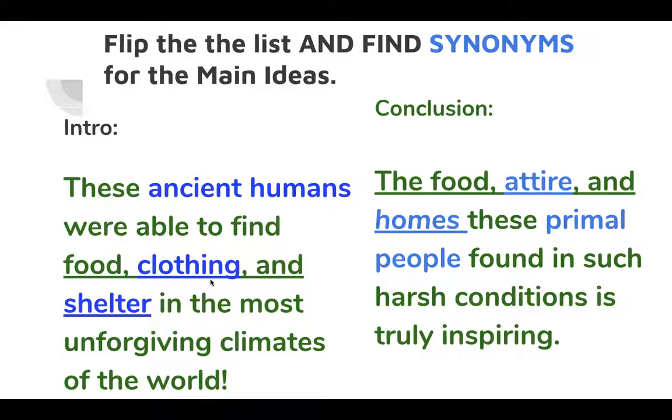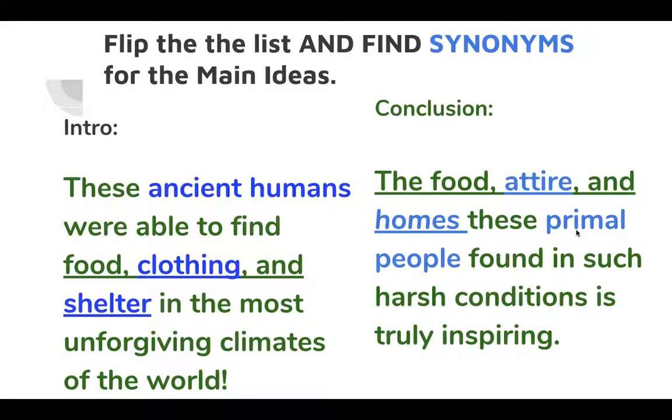And I found synonyms for them. Instead of saying, for example, clothing, in my conclusion, like I did in my intro, I changed it to attire. Instead of using shelter, I changed it to homes. And then I also changed one of my main topic words, which was ancient humans. I changed that to primal people.